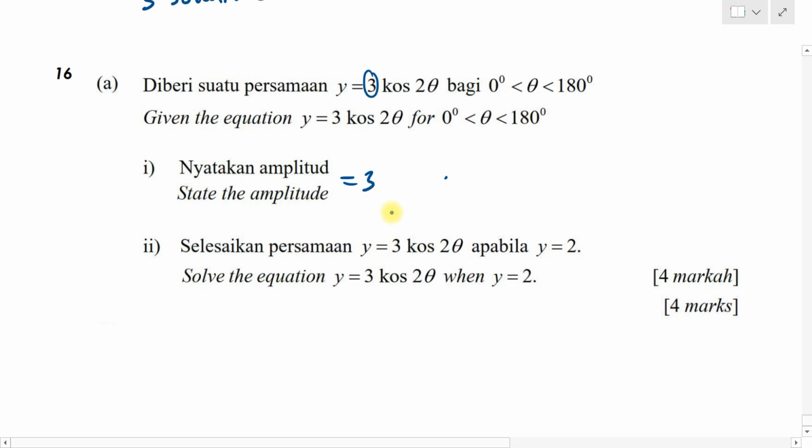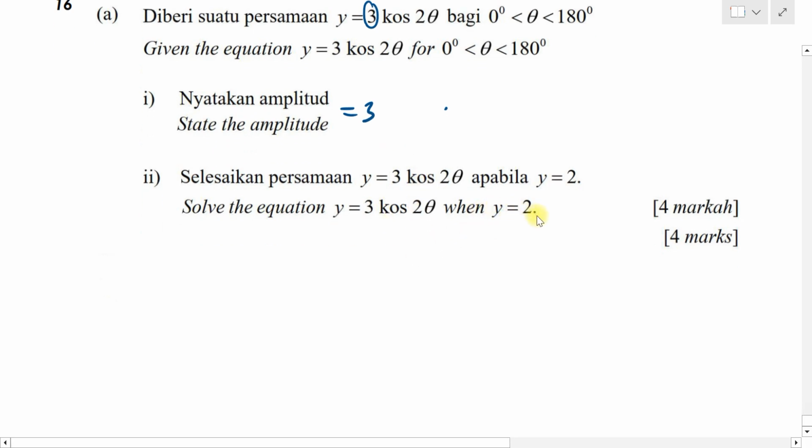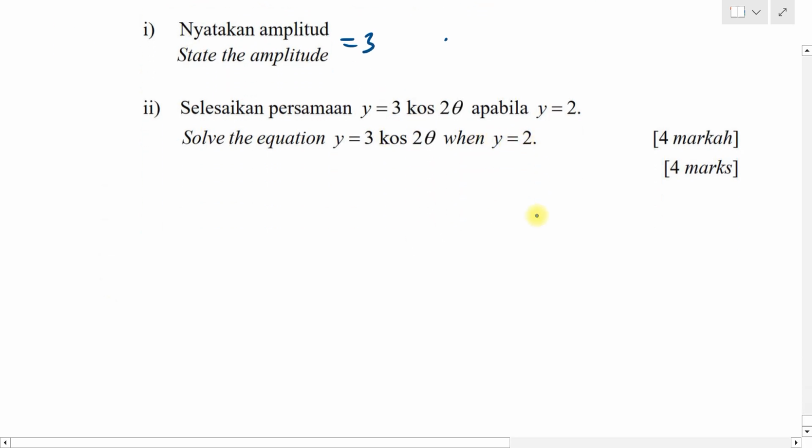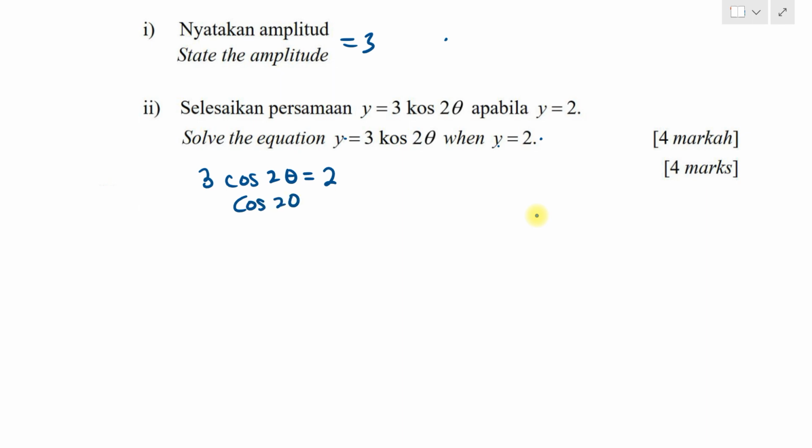Now solve the equation when y equals 2. I think we can solve this very easily. 3 cos 2 theta is y, and y also equals 2. So we equate them. So cos 2 theta is equal to 2 over 3.